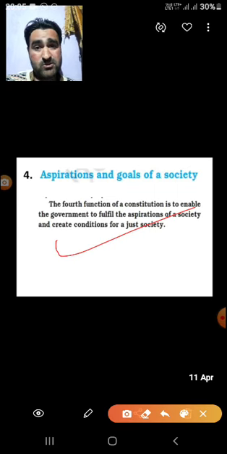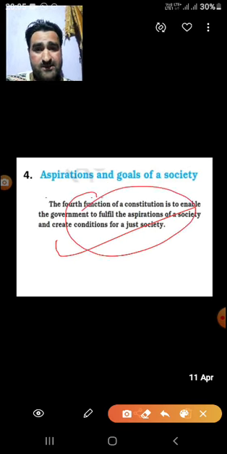So we have to ensure that the society is based on a system of justice, where every citizen gets their due share, where none is discriminated, where there is no gender bias, where there are no economic inequalities, where there are no social discriminations.